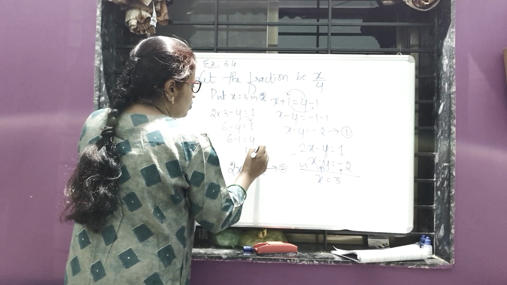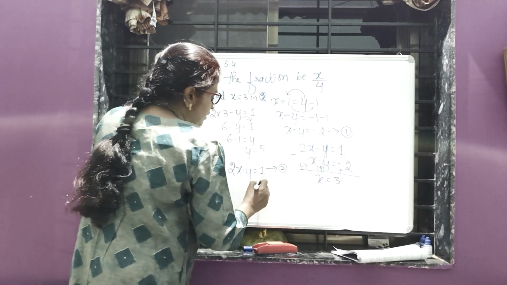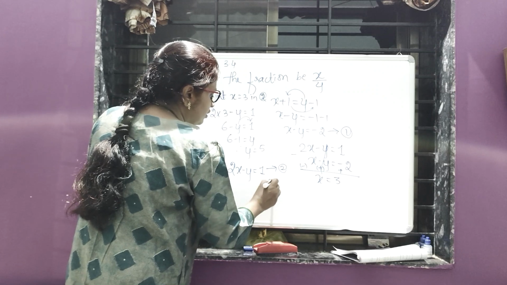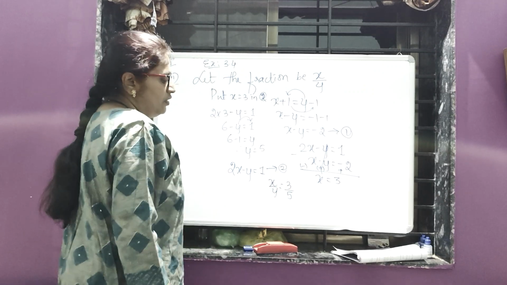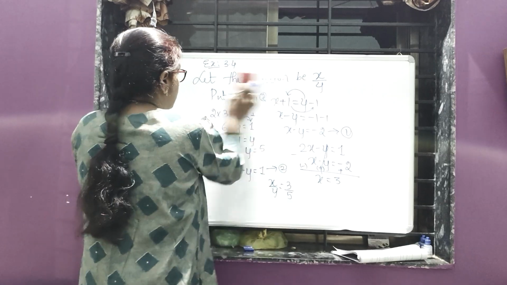Therefore y is equal to 5. Hence our fraction x by y is 3 by 5. So this completes the first question, children.